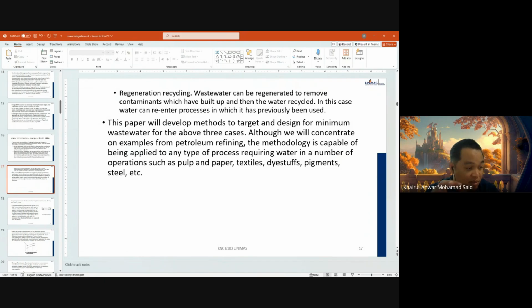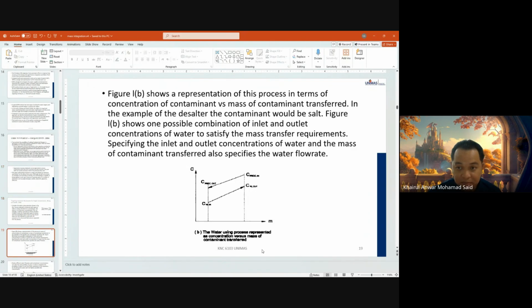So if we plot this process on a graph with contaminant concentration C on the y-axis and the contaminant mass transfer M on the x-axis, we get a straight line representing the mass transfer.